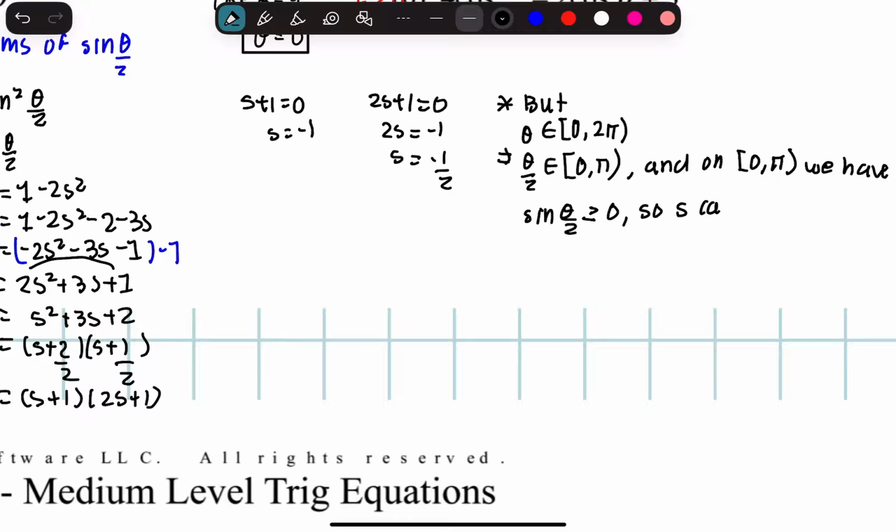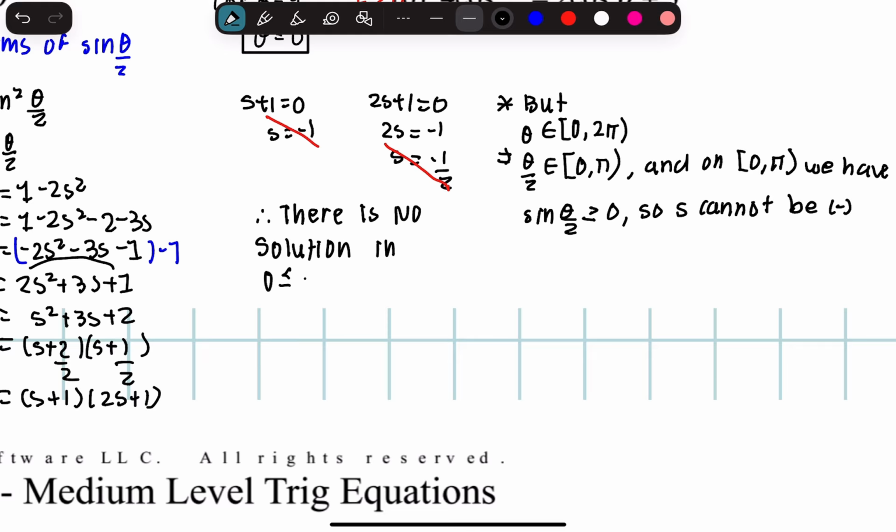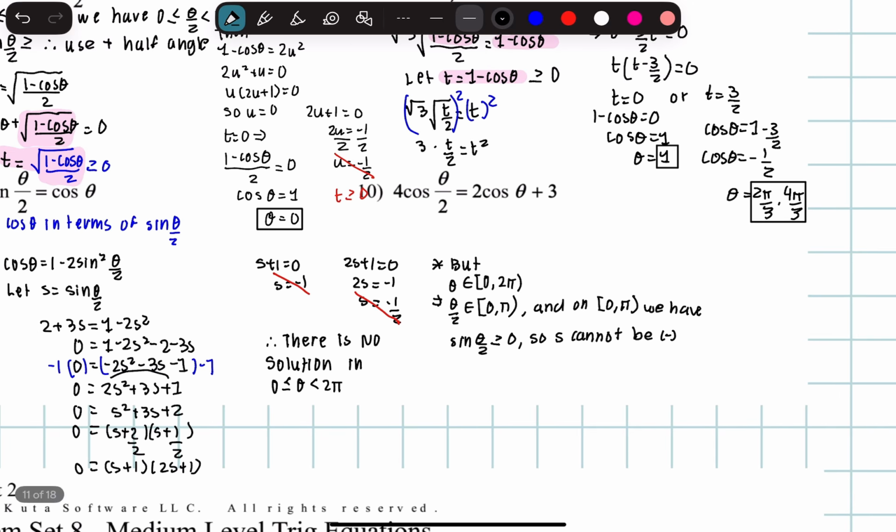So s cannot be negative. So therefore, these are both negative. Therefore, we know that there is no solution in 0 less than or equal to theta less than 2 pi that satisfies this trig equation.